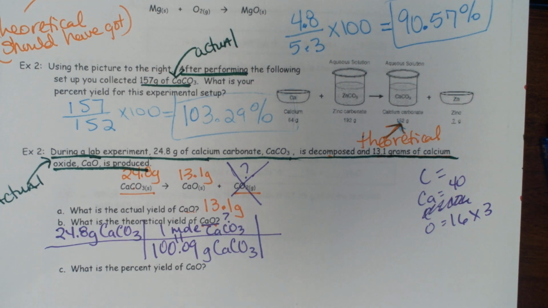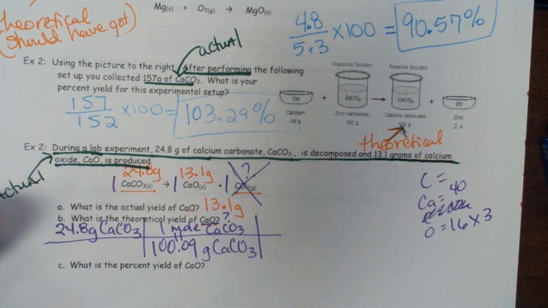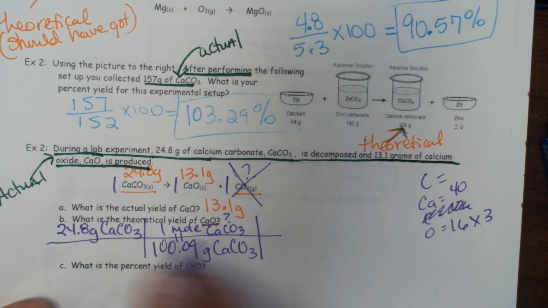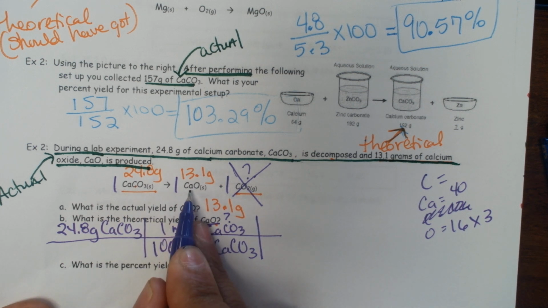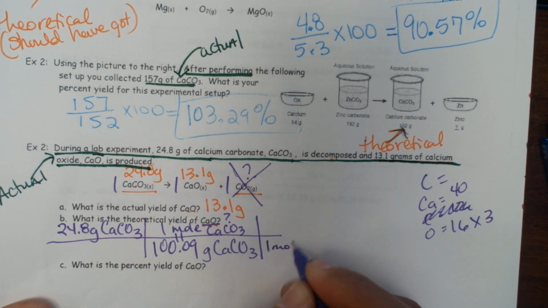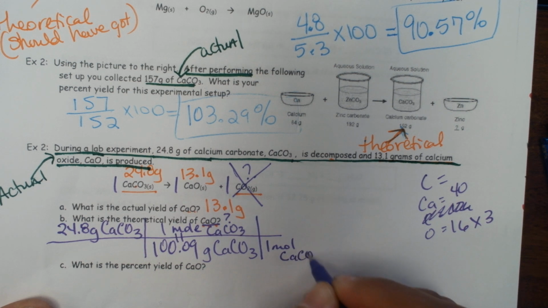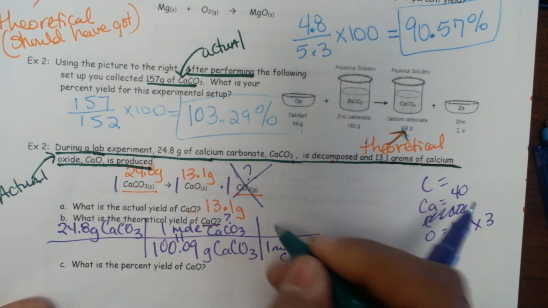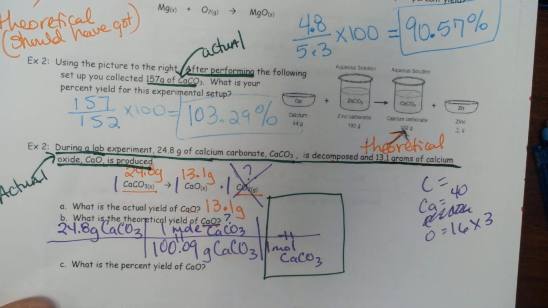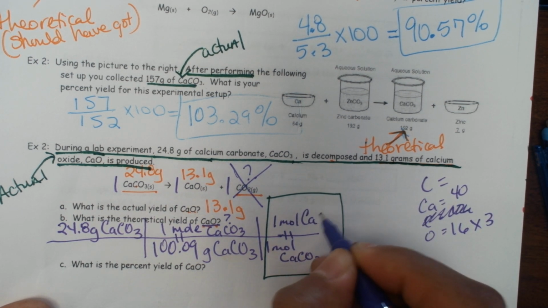It is balanced, 1, 1, 1. So using the molar mass ratio from this balanced equation, 1 mole of CaCO3 equals, and I'm going to box this in because this is where I'm bridging to the other, 1 mole of CaO.